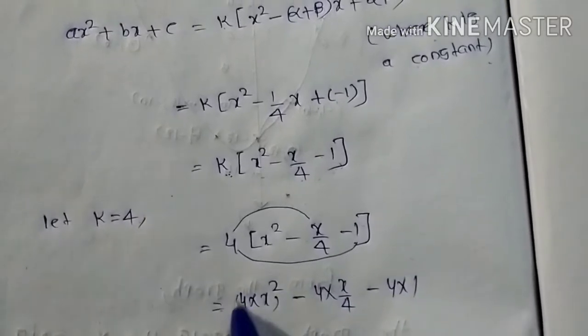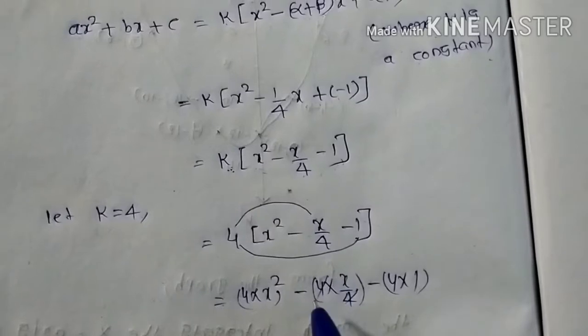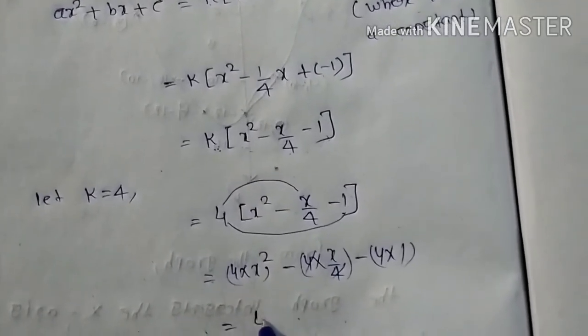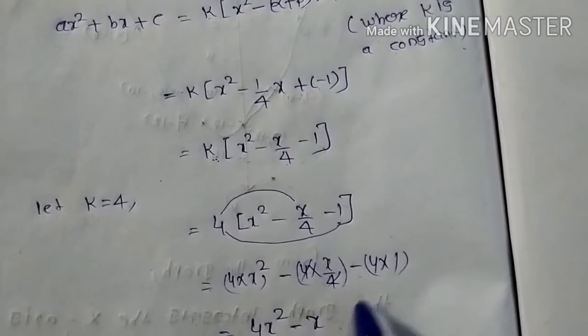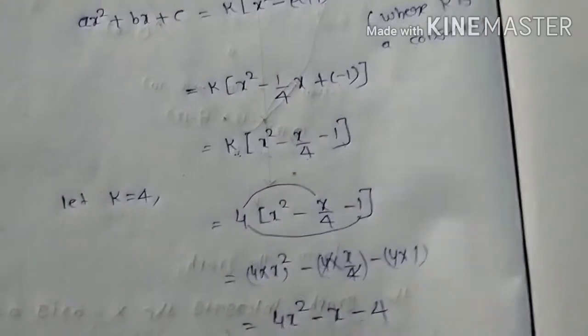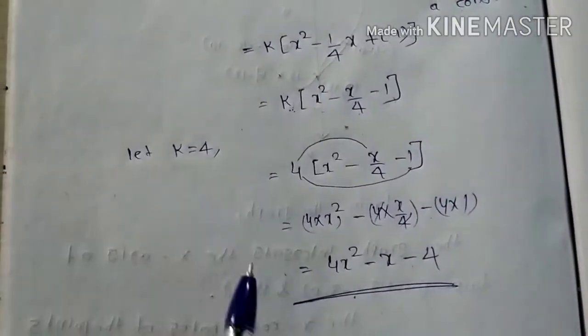Just I am writing. See here, you can cancel 4. Yes or no? That means you can write 4x square minus 1x minus 4. This is the required quadratic polynomial.